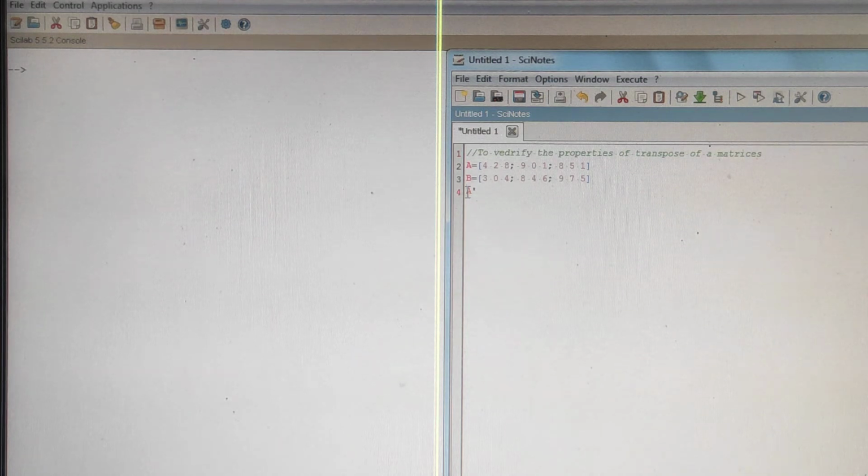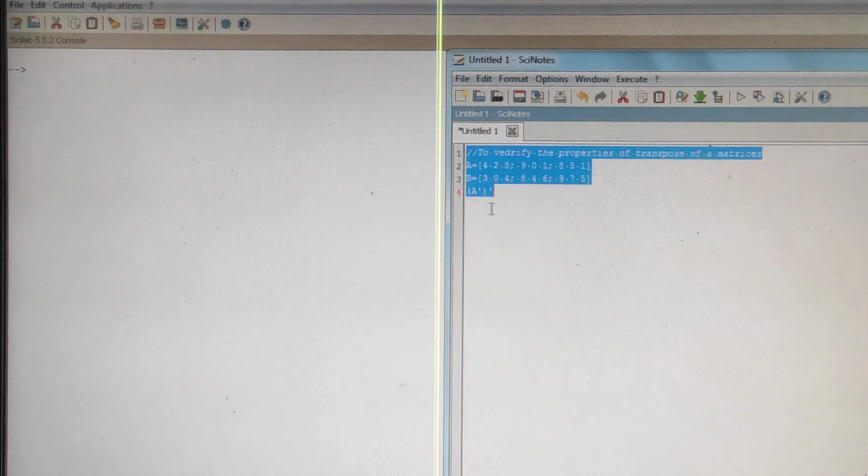So let us take this, which is the transpose of A. First see whether this is equal to A or not.